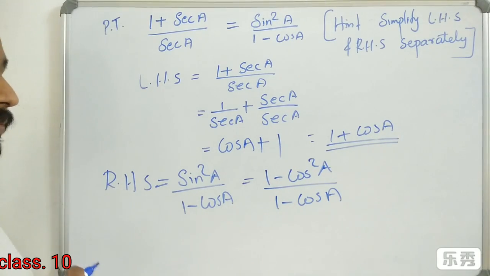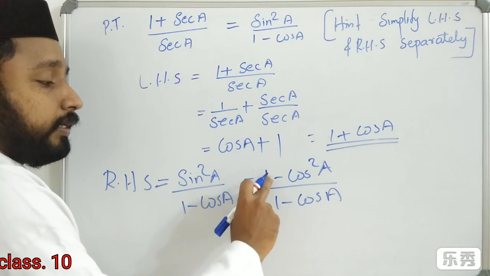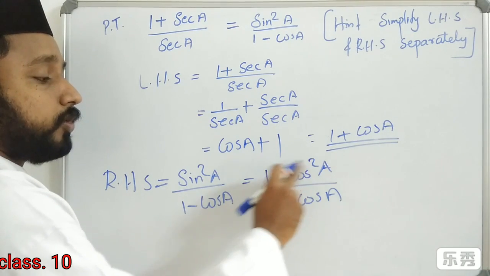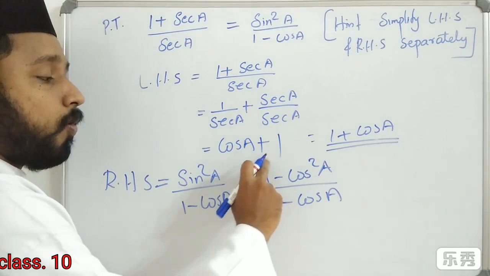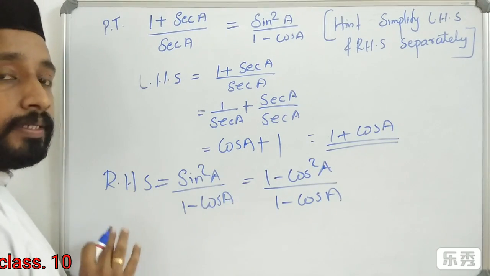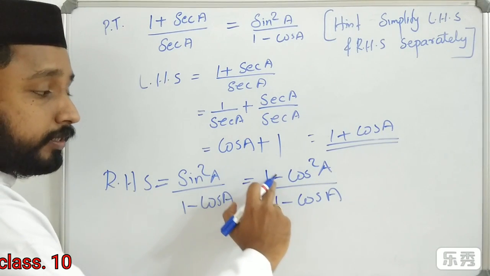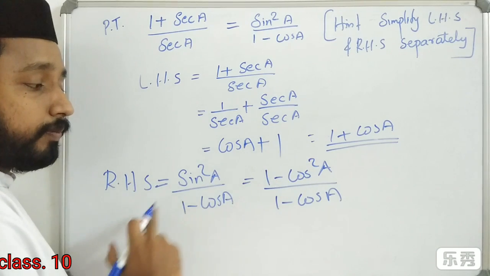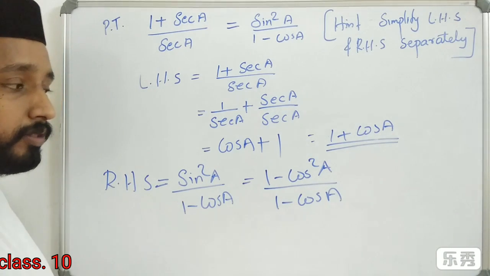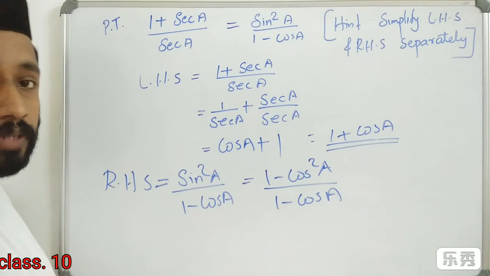So sin square is equal to 1 minus cos square by 1 minus cos A. Look at the numerator. This is 1 minus cos square. 1 means 1 square, so 1 square minus cos square. This is in the form of a square minus b square, which is equal to a plus b into a minus b.